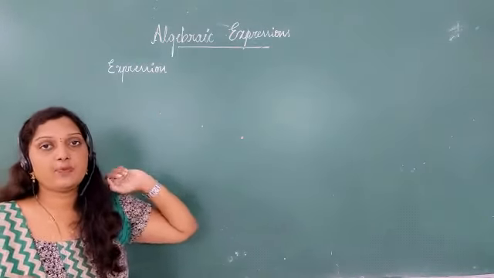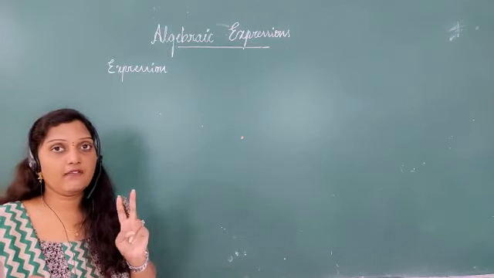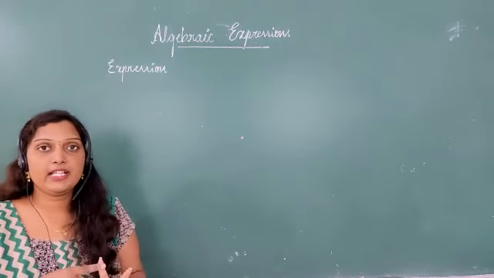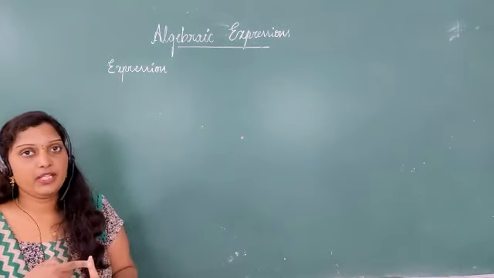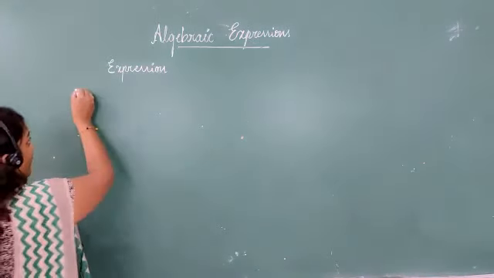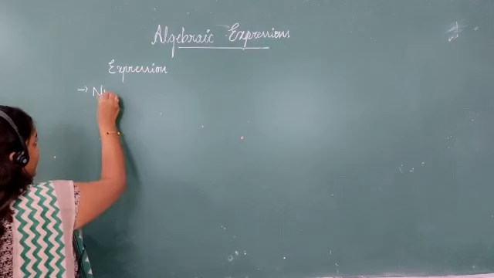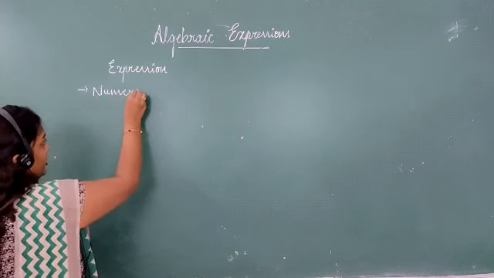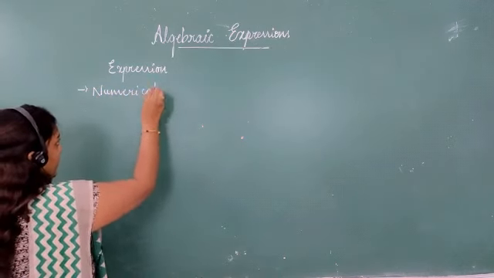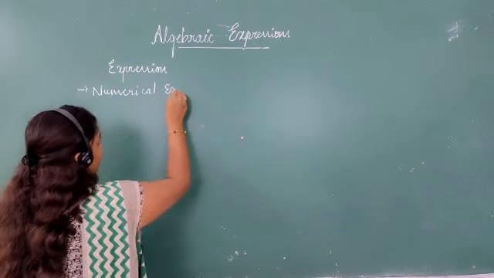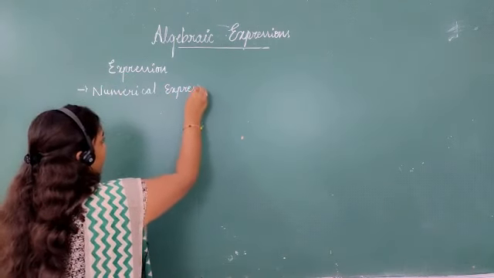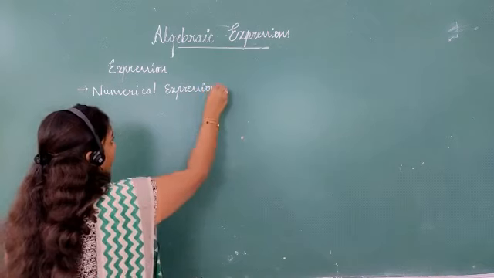So what is an expression? In expression again we have two types, that is numerical expression and algebraic expression. First we will know what a numerical expression is. A numerical expression is a mathematical expression containing numbers and mathematical operators.